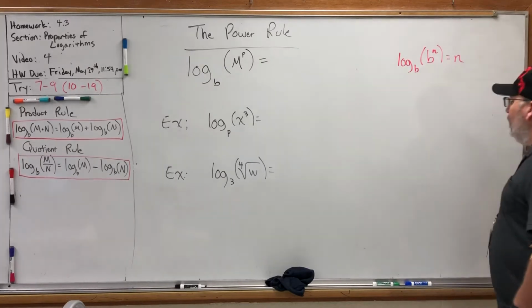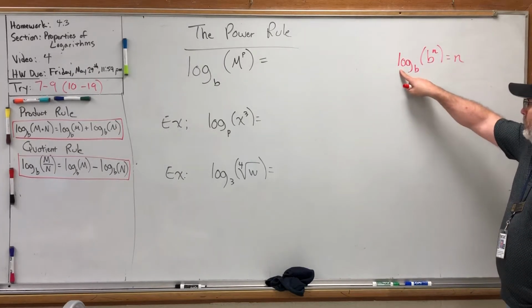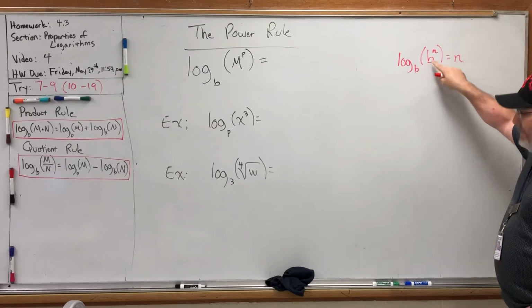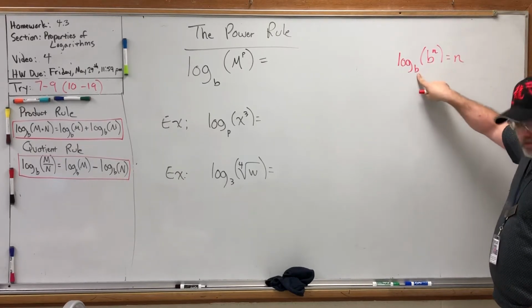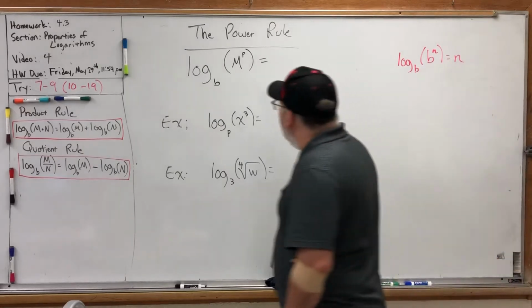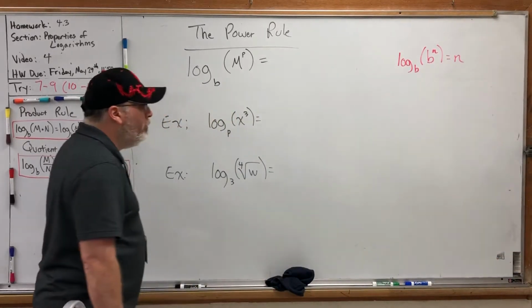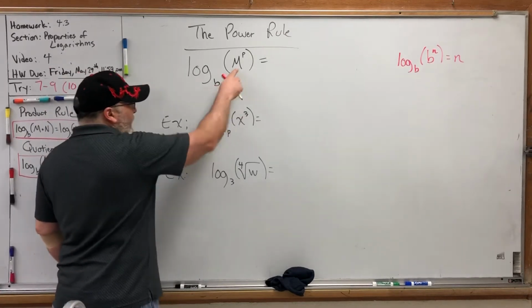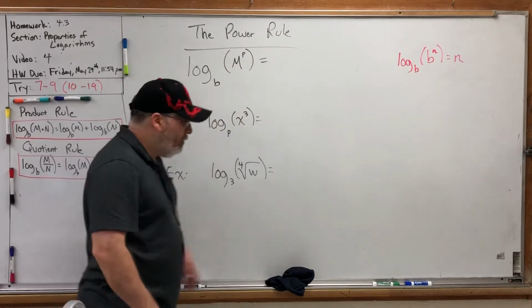Structurally, in this logarithm, the log has the same base as the argument. The base inside the argument is b, and the base of the logarithm is b. But for the power rule, that's not required. That's why these are two different letters. If they matched, then it would just be that rule.